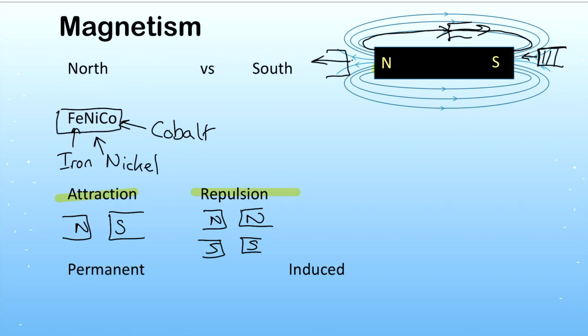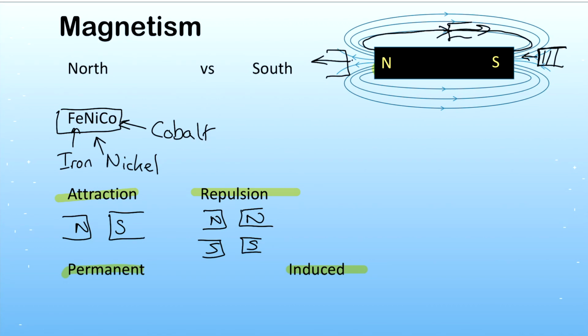The other two keywords we're going to look at here are permanent and induced. Permanent refers to a permanent magnet, so a magnet that has been magnetized, which can be done by stroking a magnet along it, for example. That is going to be magnetized whether it is in a magnetic field of another magnet or on its own. It will permanently stay magnetized. It produces its own magnetic field.